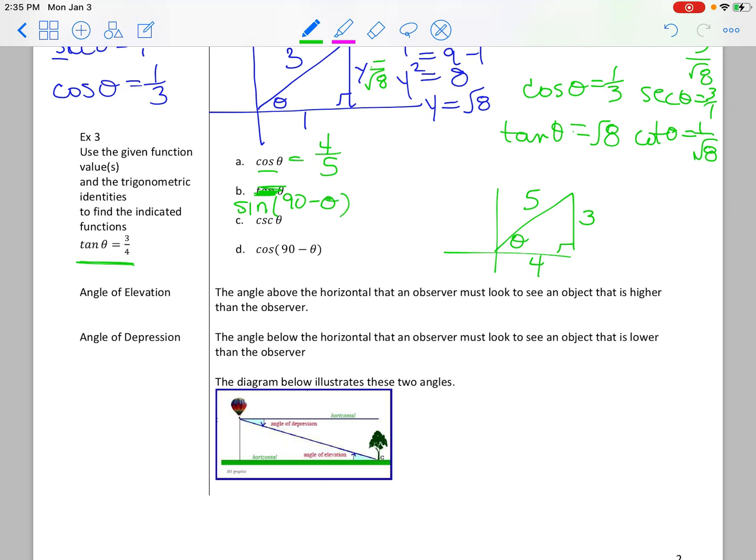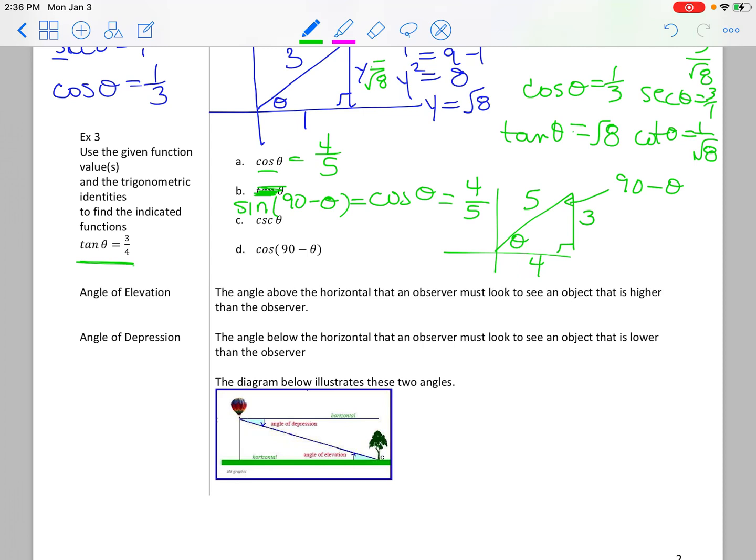Okay. Well, 90 minus theta, remember, is one of our cofunctions. This is the angle here that's 90 minus theta. 90 minus theta, the sine of it is the same as the cosine of theta. Well, the cosine of theta would then be 4/5.